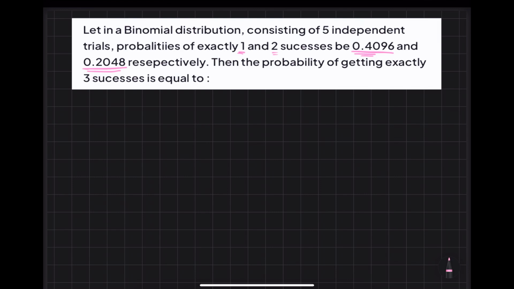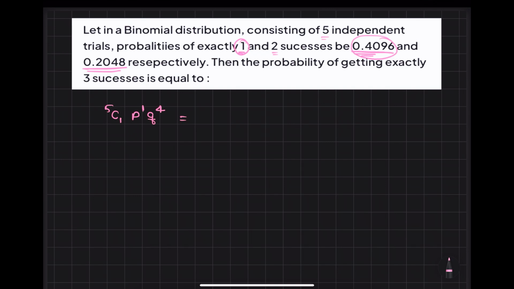Now try to understand this thing. They have given you the probability of one success. Probability of one success means what? It is 5 events. So can I say that it is 5C1, then p power 1, p is success, then q power 4.